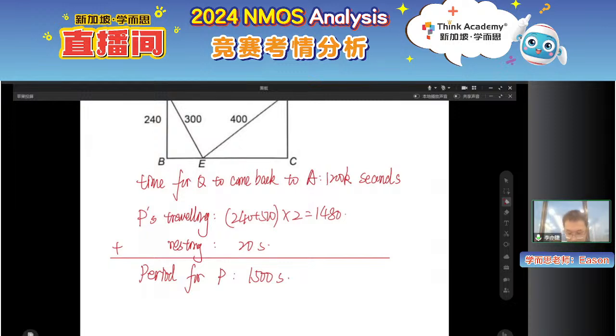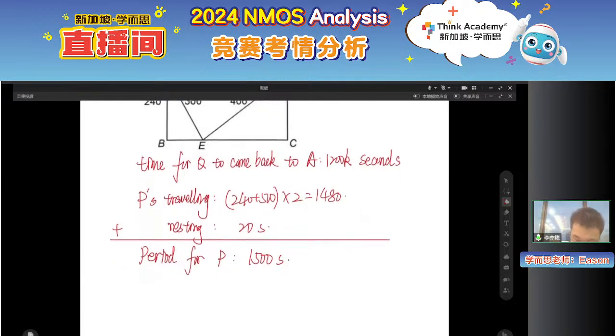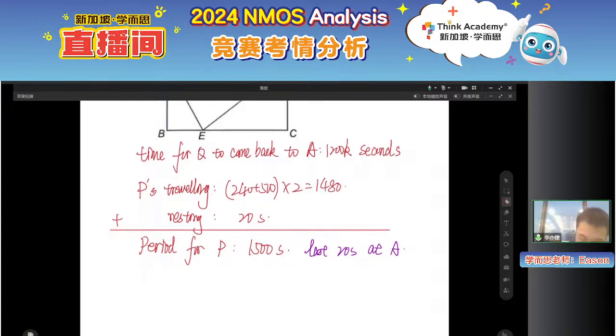Then the logic is, when will P and Q meet? P will end its period with the last 20 seconds at A. So as long as we look at Q, multiples of 1200, the remainder when divided by 1500 must be between 1480 and 1500.